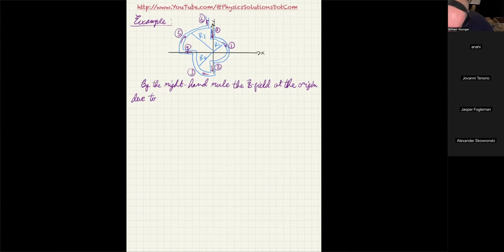So the magnetic field due to part 1 at the origin is, notice if I grab that with my right hand so that the current's pointing down, my fingers are actually diving into the page. So this one's in the negative k hat direction.